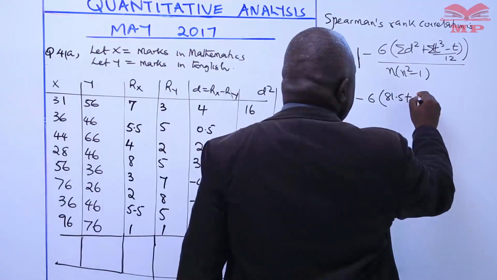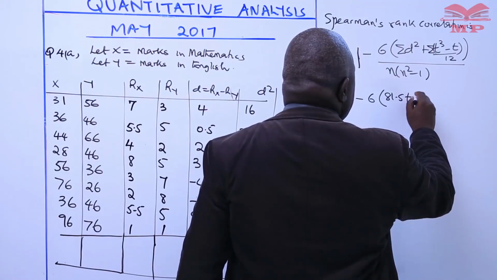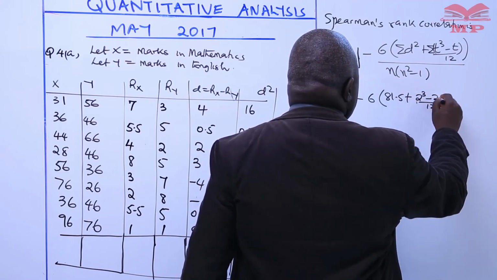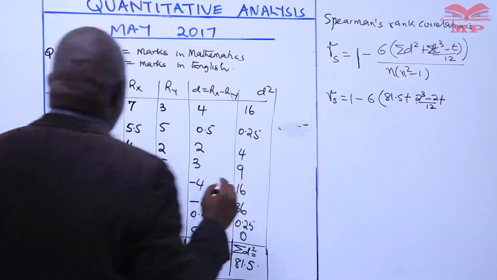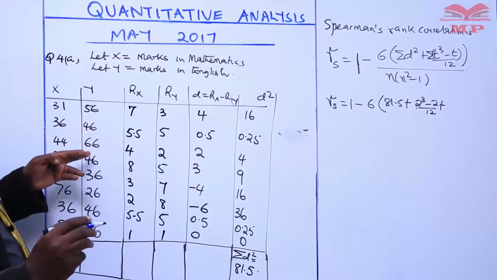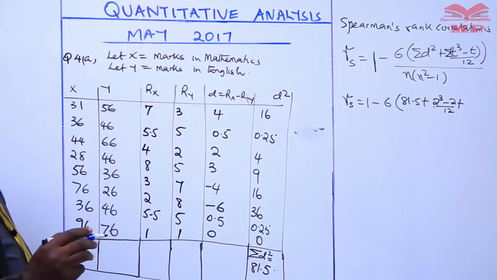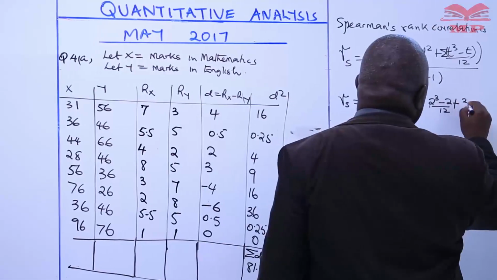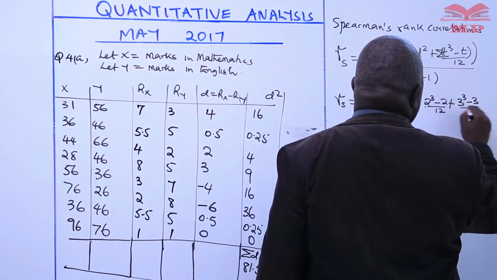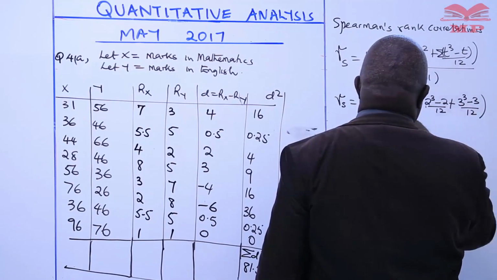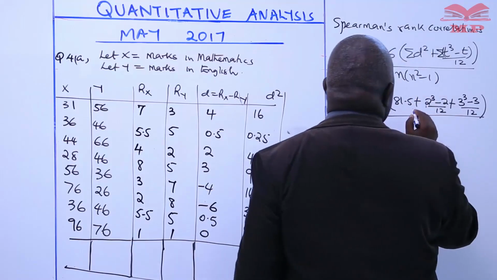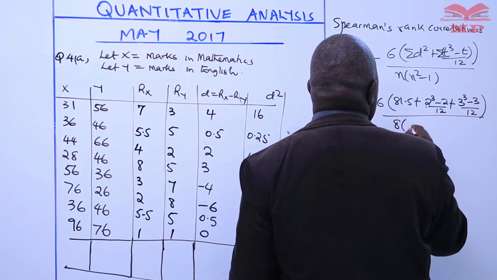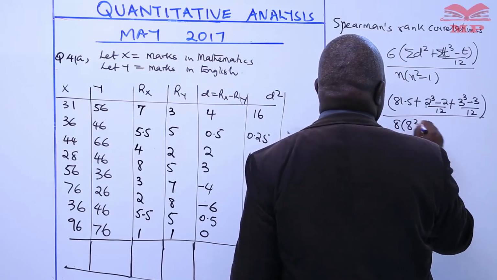So I have 2 cubed minus 2 over 12, plus under y, 46 appears 3 times. T now becomes 3. So I have 3 cubed minus 3 over 12. The whole of this over n, the number of values, there were 8 paired values, 8 into 8 squared minus 1.